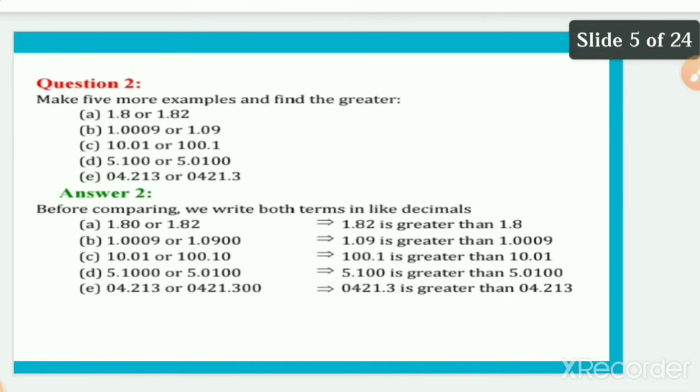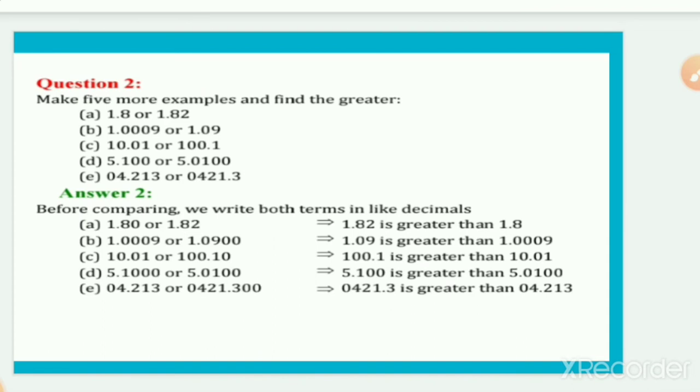Now moving to question number 2. Make 5 more examples and find the greater. You all have to make 5 more examples yourself and find the greater number. So we have two numbers here, the first one is 1.8 or 1.82.